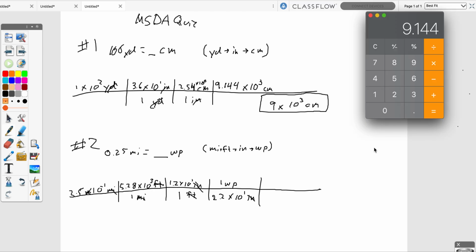I might as well do that for you guys. Okay, 2.5 times 5.28 times 1.2, and then divided by 2.2. And that is going to give us 7.2.